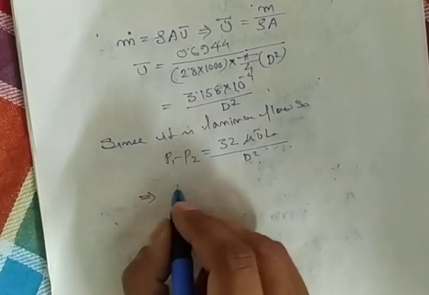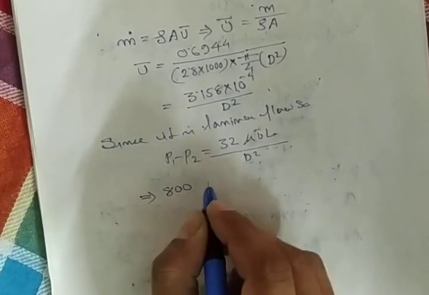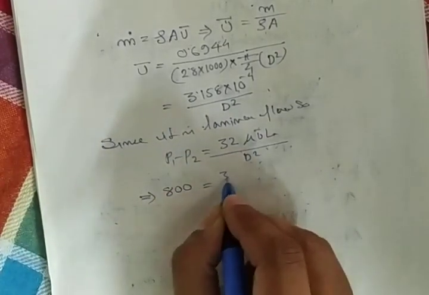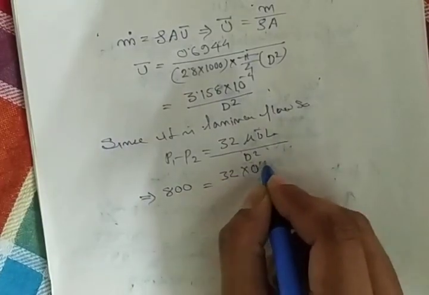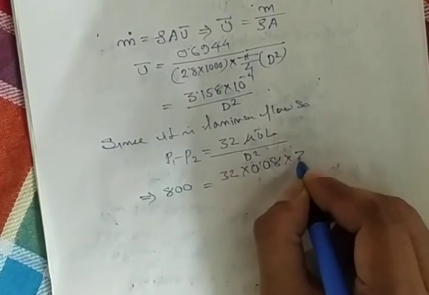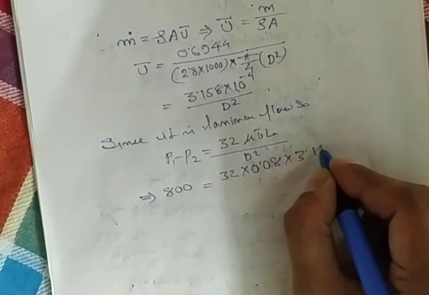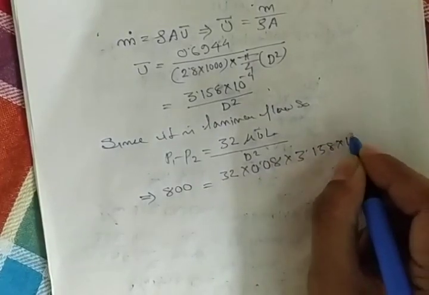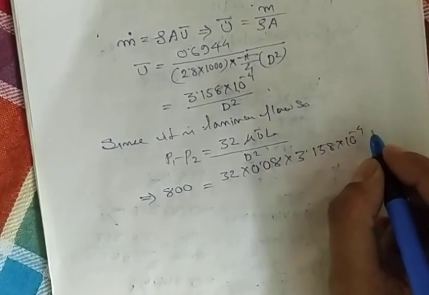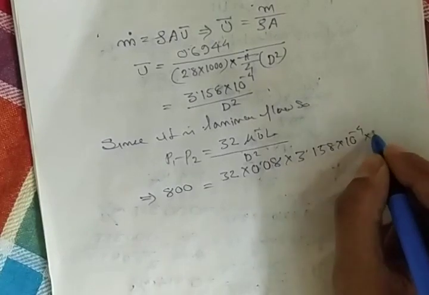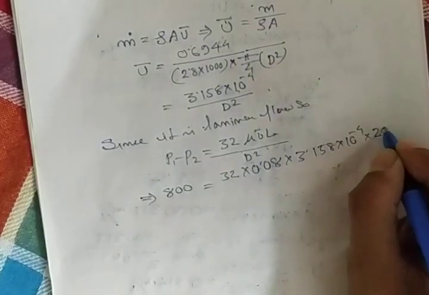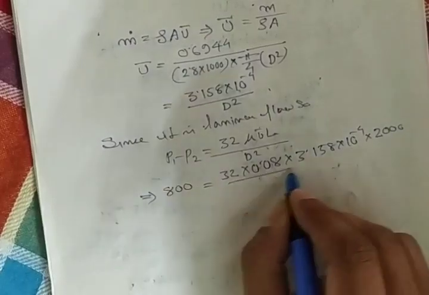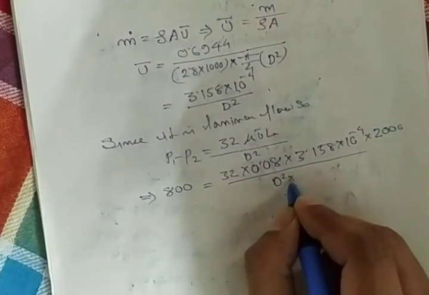So P1 minus P2 is given, this is 800, equal to 32 into 0.08 into 3.158 into 10 to the power minus 4 into 2000 divided by d square into d square.